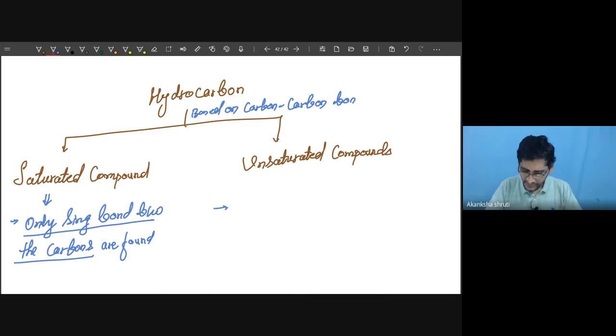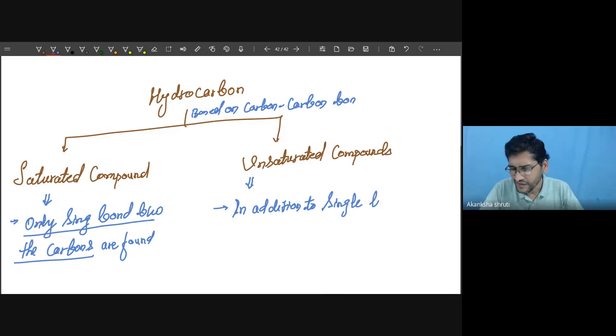Here, in this case, in addition to single bond, at least one double or triple bond should be there. In addition to single bond, or even without containing single bond, it may or may not contain the single bond. The one without single bond is obtained in ethene and ethyne only.